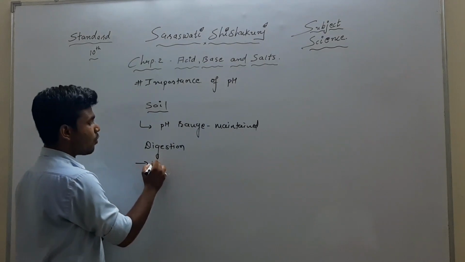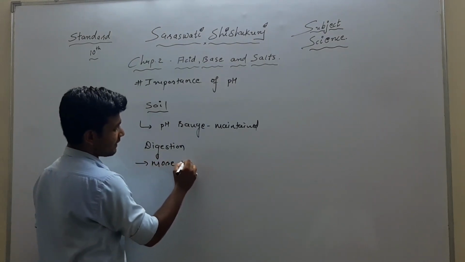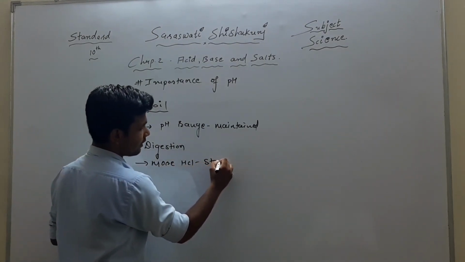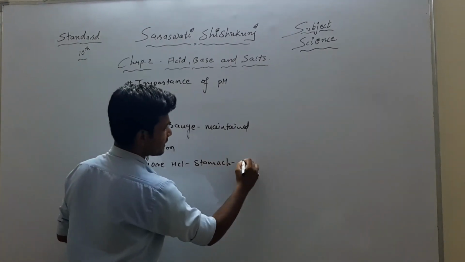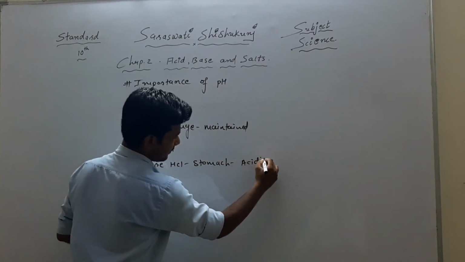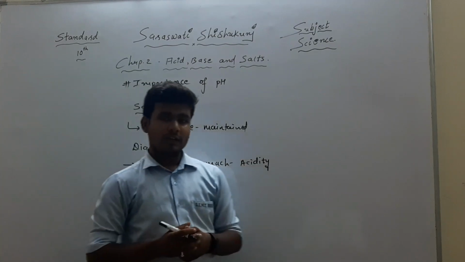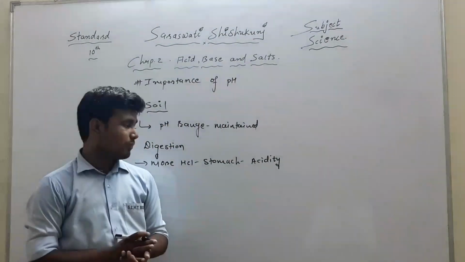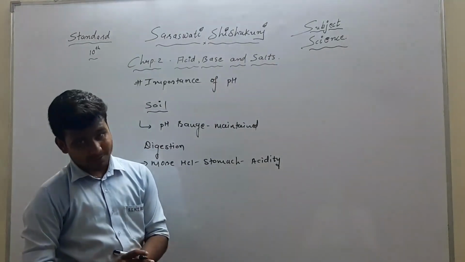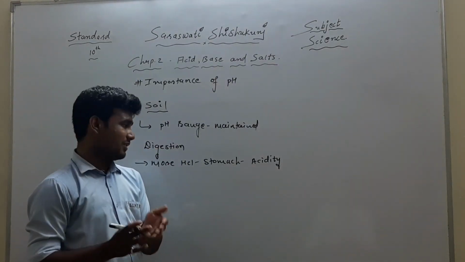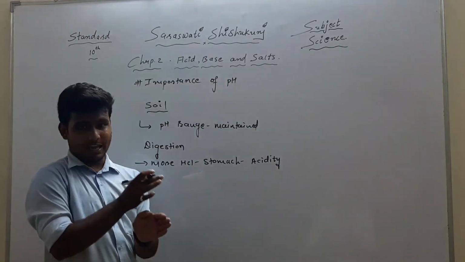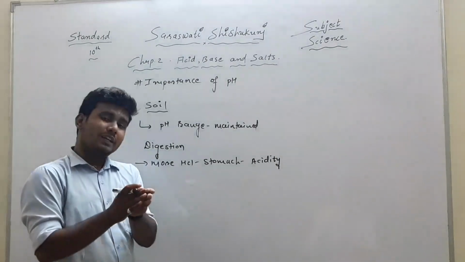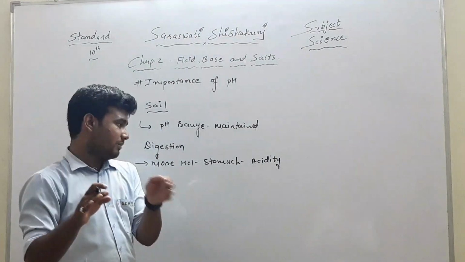So if there is more HCl in the stomach, it will create acidity. Due to this acidity there will be irritation in the stomach, so we have to add some basic substance, and that basic substance will react with the excess HCl in our body, nullify that effect, and it will become neutral.